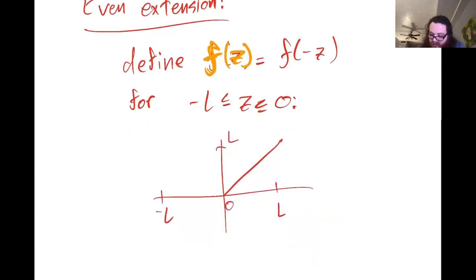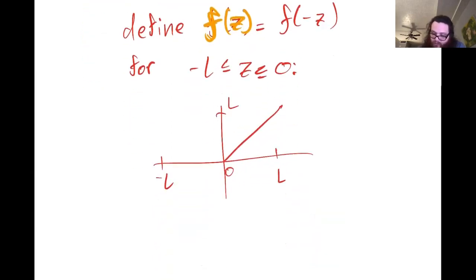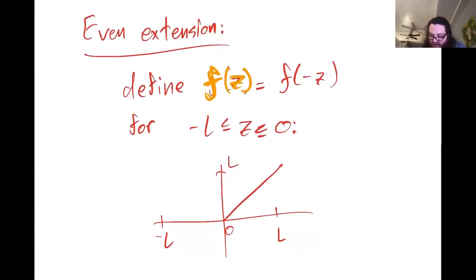So what does that look like as a sketch? If we take a value over here, this is like negative L over 2. Look at the corresponding value over here, L over 2. Look at the function value for f. Take that value and put it above that thing.